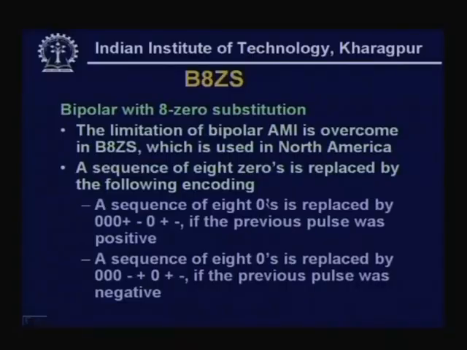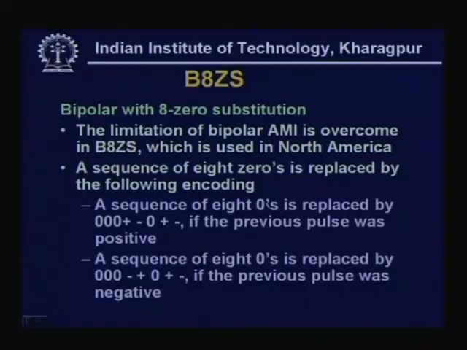That is what is being tried in B8ZS, which stands for bipolar with 8 zero substitution. As I mentioned, the limitation of bipolar AMI is overcome in B8ZS, which is particularly used in North America. As you have seen, the main limitation of alternate mark inversion was that whenever you have a long sequence of zeros, there is lack of synchronization. Synchronization fails because there is no signal transition whenever you have a long sequence of zeros. How that can be overcome, that we shall discuss today.